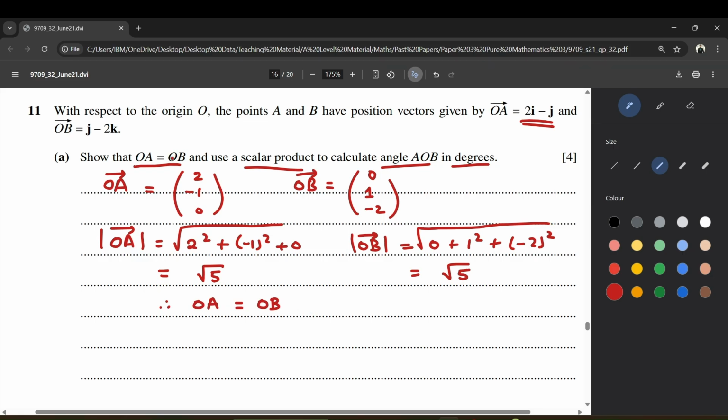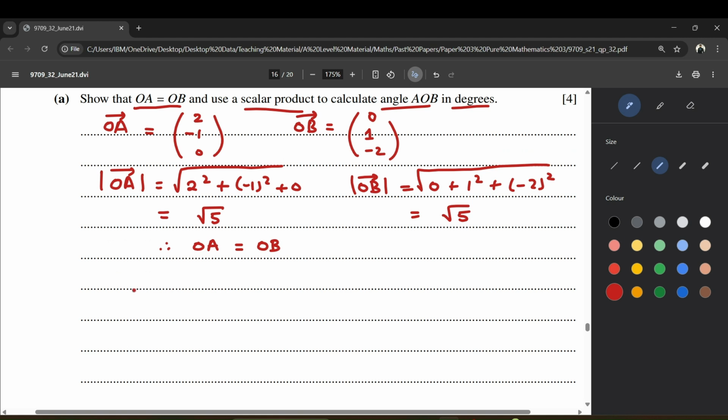So that is the first part of the question. Now it says use a scalar product to calculate angle AOB in degrees. So if I were to represent it in this form, let's say that this is point O, this is point A, and this is point B. Okay, so we have the vector OA and we have the vector OB.